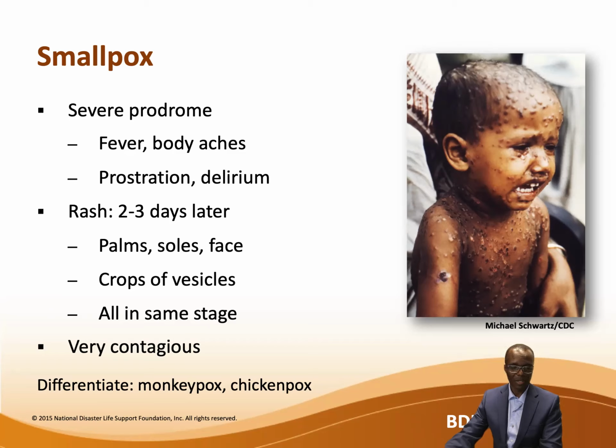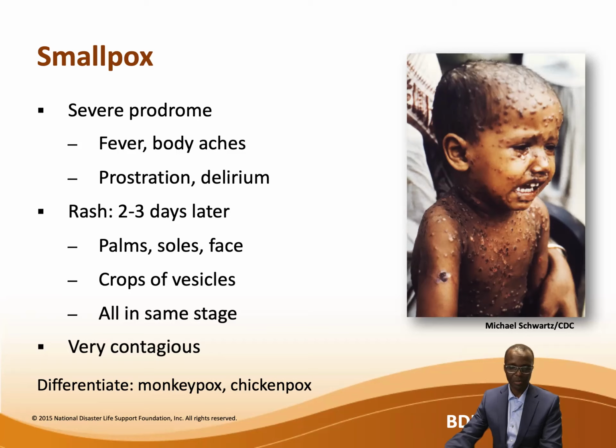Smallpox is characterized by severe symptoms that occur before the development of a rash. These symptoms include high fever, generalized severe muscle aches, prostration, and delirium. About 2 to 3 days after symptoms begin, a rash begins to develop.